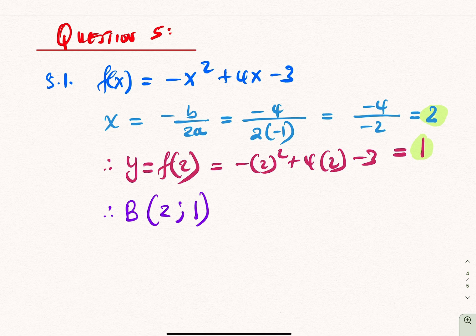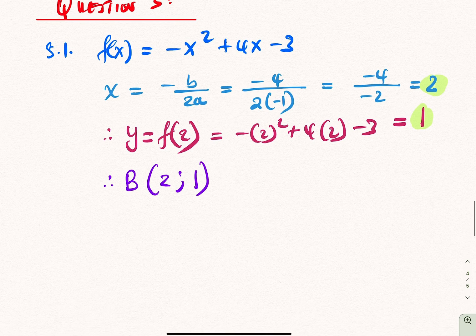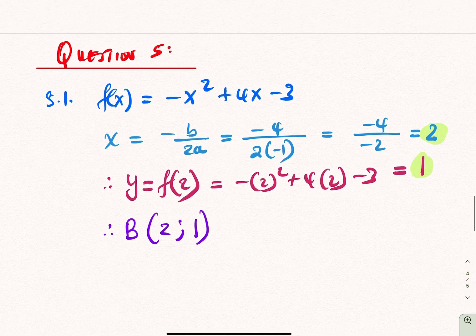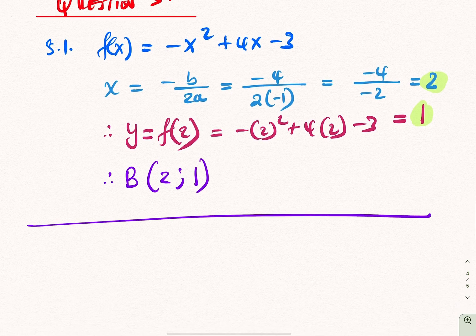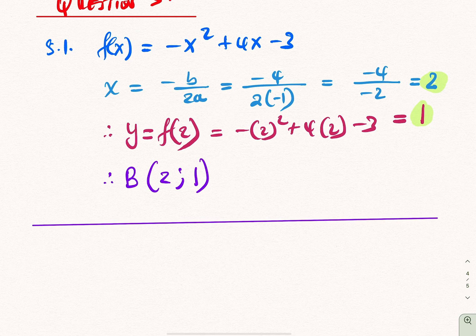But because you are in grade 12, you know the turning point, this is the first method to do that. The second one will be the turning point occurs where the first derivative equals 0, and then you solve for x. That means you're going to differentiate this function, and that is going to be f prime of x, and it must be equal to 0.